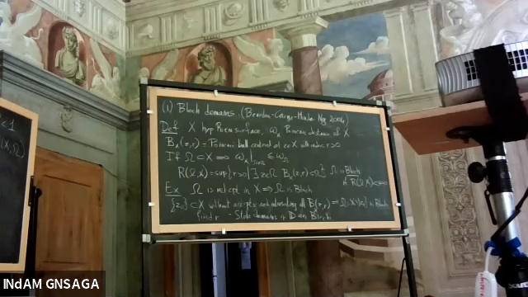Okay, so maps with the image in the Bloch domain are strict contractions for the Poincare distance of X.